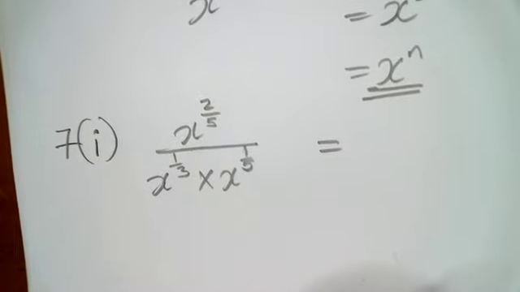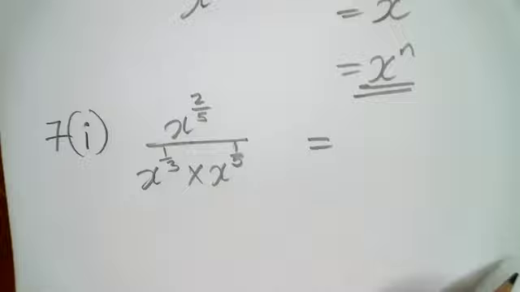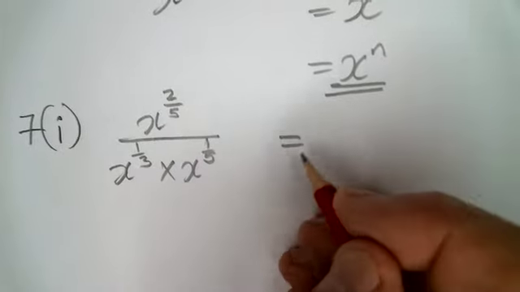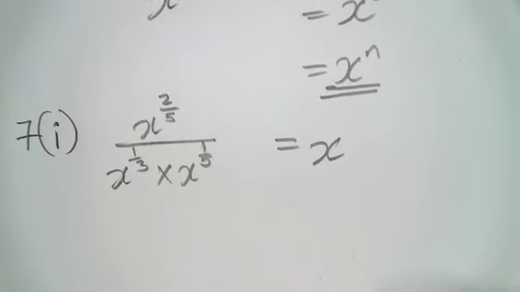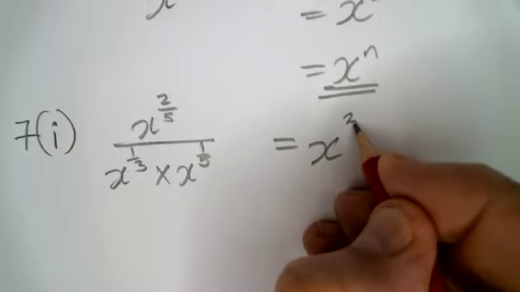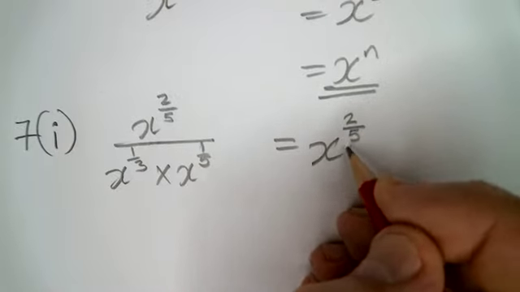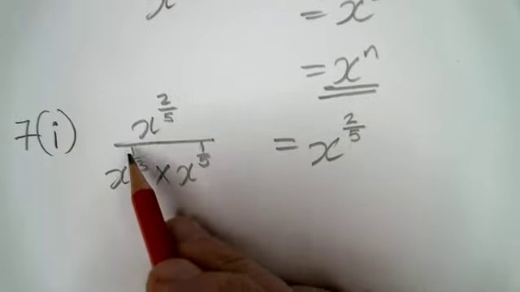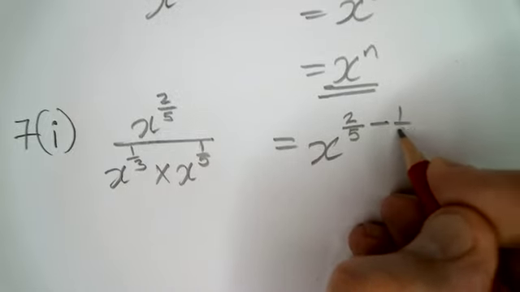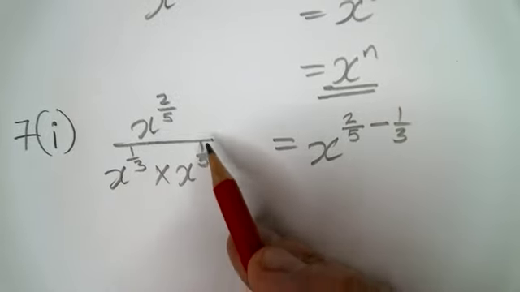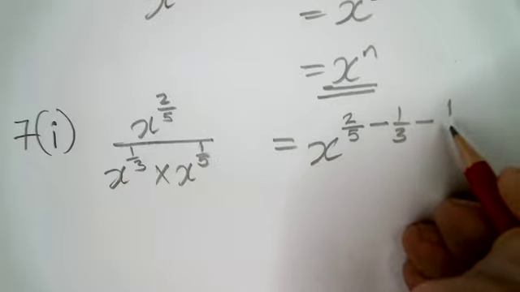Now you can break this up and do it in any way you want. I'm just going to simply add and subtract all the powers in the order they occur. So the first one is I've got all the bases are x, so I'll put an x here. I've got a 2/5. Nothing to add this to, but I'm going to subtract 1/3. And I'm going to subtract 1/5.